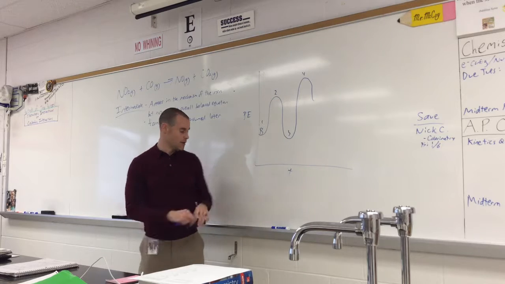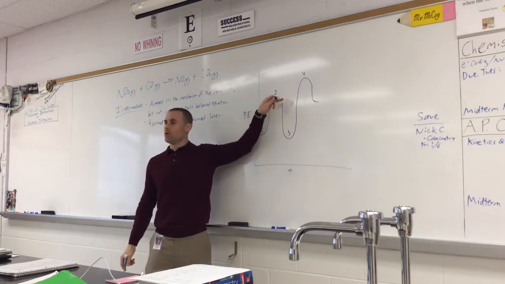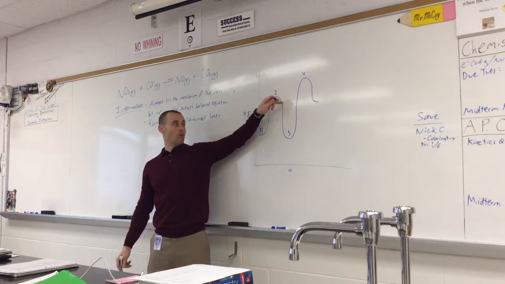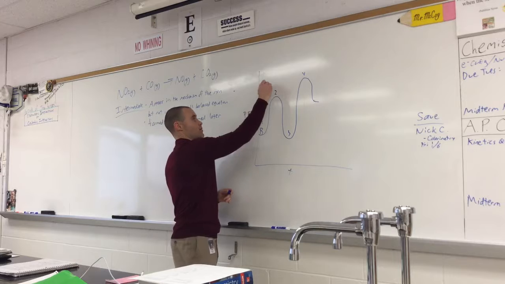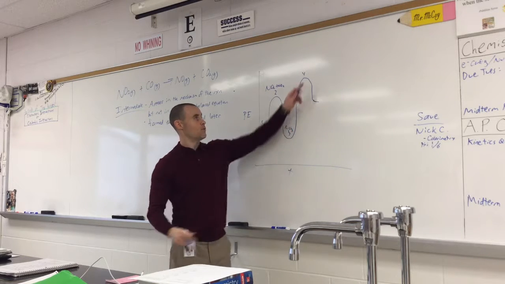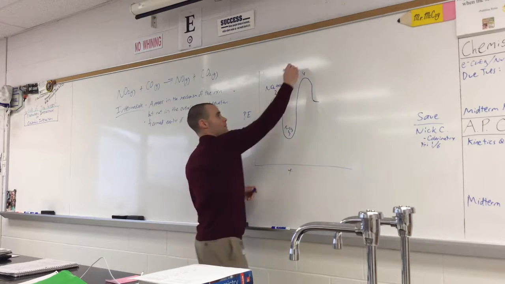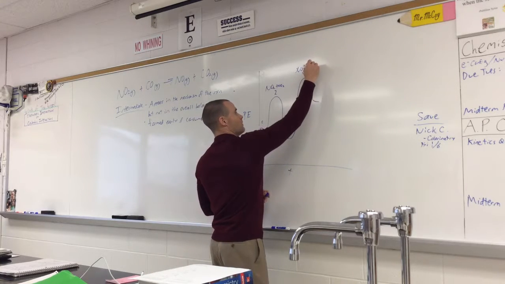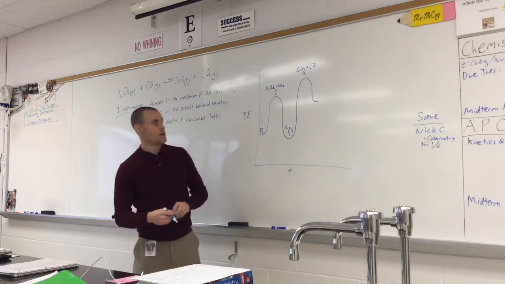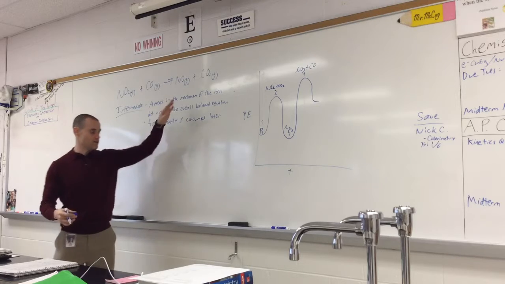Actually, we could label these. You don't have to draw this. Look at your steps. What would be colliding here at the top? The 2 NO2s, right? So you'd have NO2 and NO2 here. This would be NO3. What's colliding up here? NO3 and CO, right? So just keep in mind that a lot of this is related to the steps.